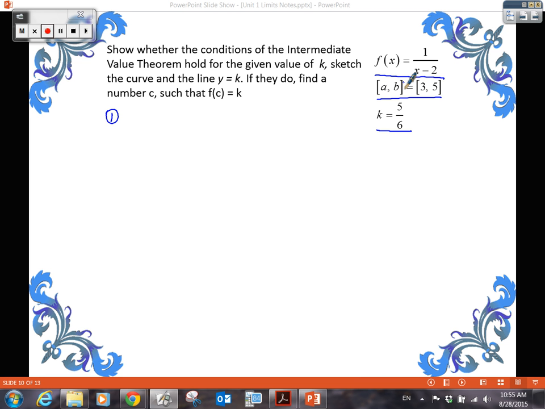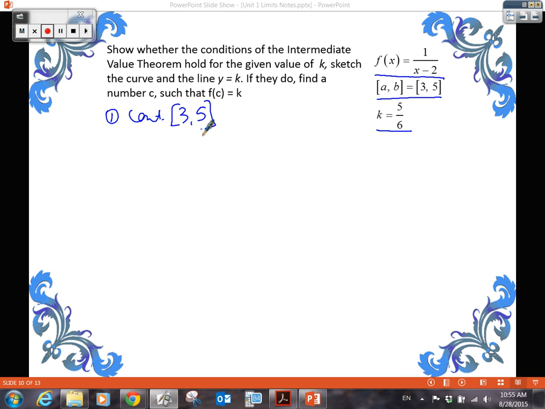So for number 1, we would simply say it's continuous on the closed interval. You don't have to write by inspection, but they allow that. So our first criteria to use the intermediate value theorem is true.